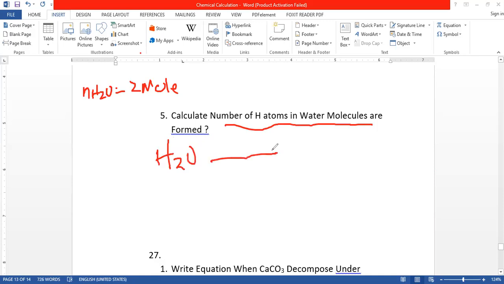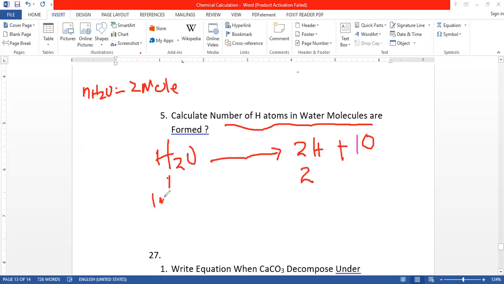How many hydrogen are present? 2 hydrogen present, and the oxygen atom is 1, right? If you have one H2O, you will have two hydrogen.